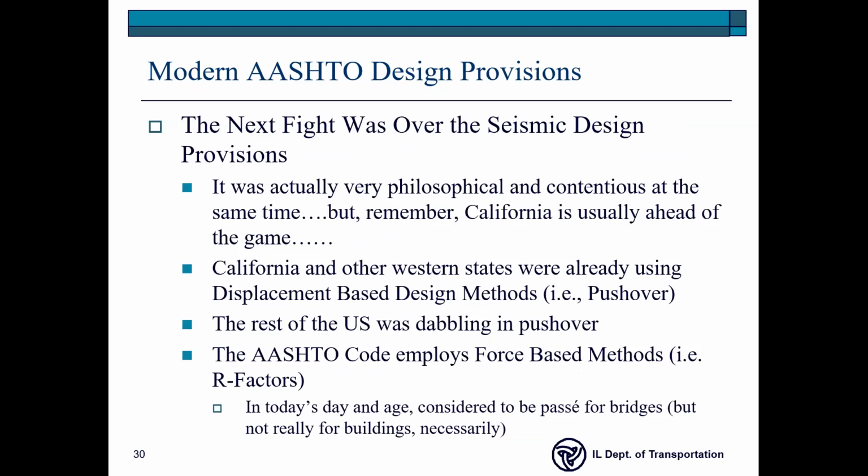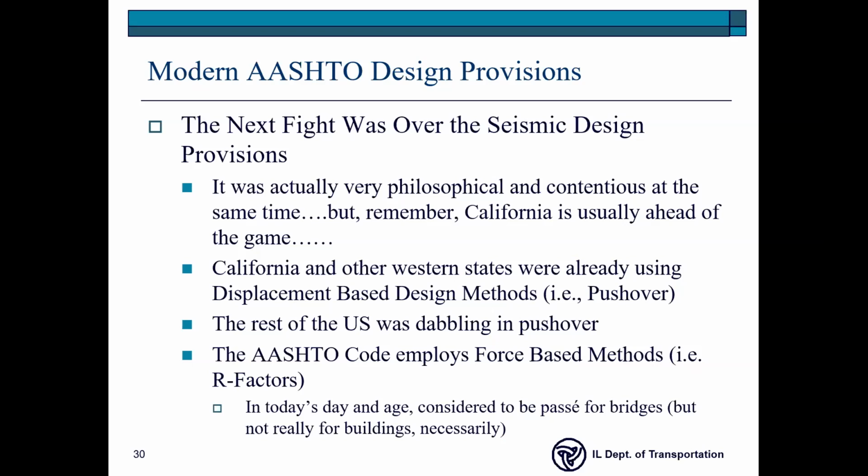Then the next fight was over design philosophy. For Illinois, for a lot of our state, and I'll try to summarize this really quickly, we felt it was still okay to use the approximate method or the R factor method, because for large portions of our state the design accelerations weren't as high as California.